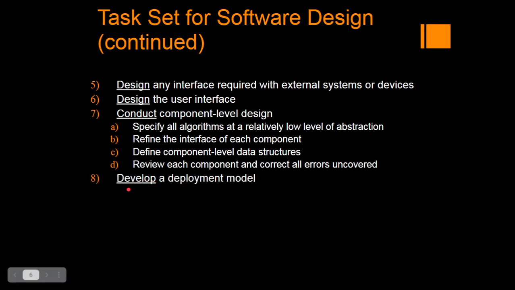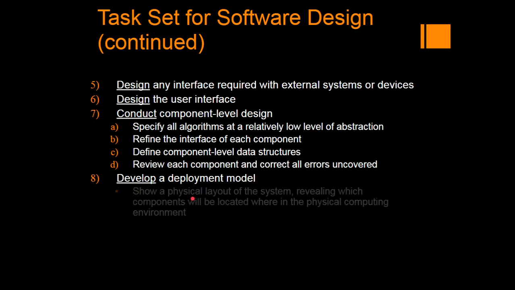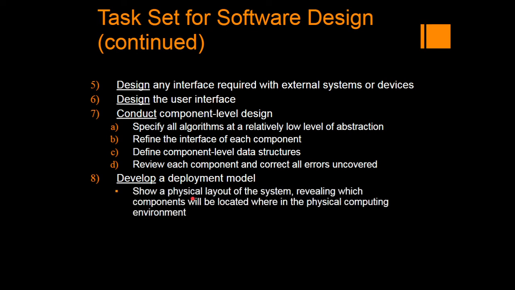So the next step is to develop the deployment model. Now from the analysis it has come to the design. Now the design has been thoroughly checked with all the criteria and interfaces have been developed. Now we have to develop the deployment model: how we are going to deploy that model at the customer site, or how the customer is going to use the particular model, maybe on the customer side or on the developer side.